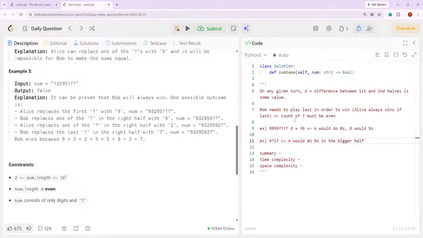So Alice would turn the first question mark into a 9, making that 18 on the first half sum, and then Bob can't do anything. So Alice always has the upper hand.